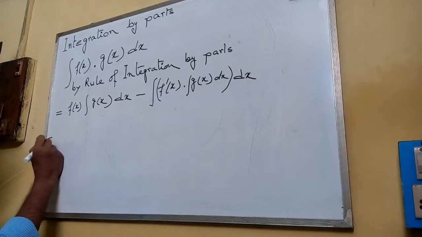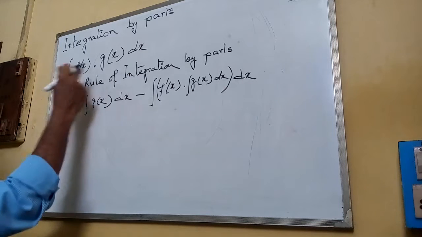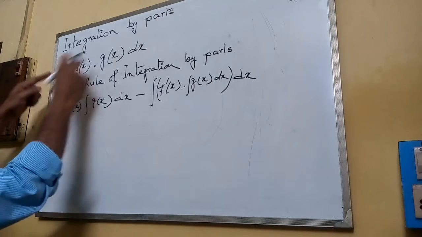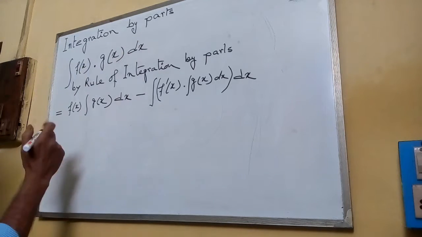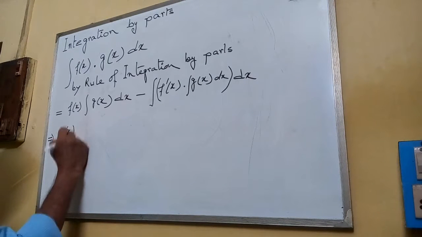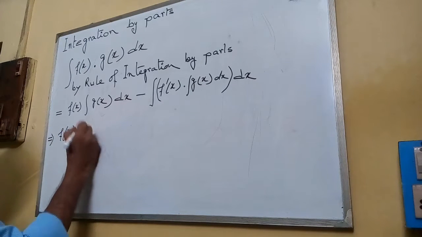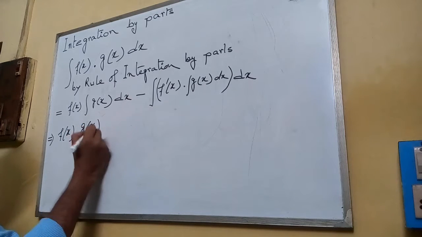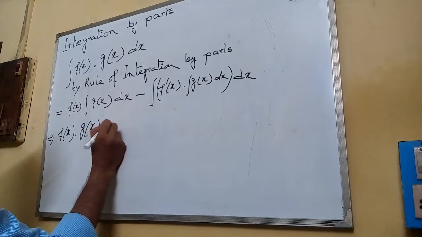So from here what we can write: the derivative of an integration is the function itself. That means the left hand side becomes f(x) into g(x). Now what is the right hand side?